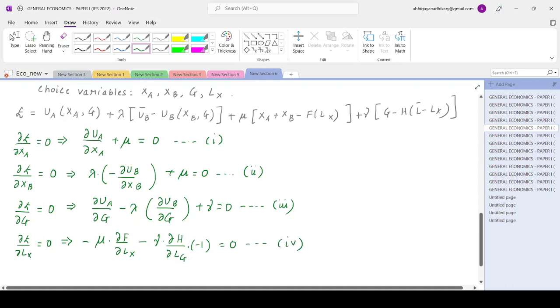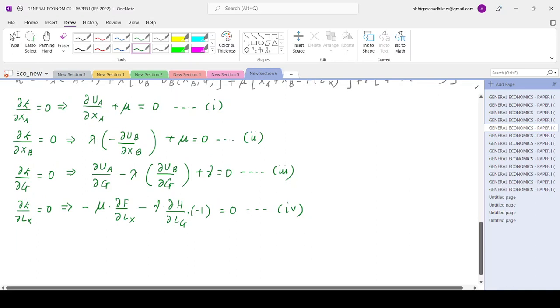I hope these calculations are pretty clear. The last expression has been obtained via the chain rule. Okay, so these are the four equations that we have got.